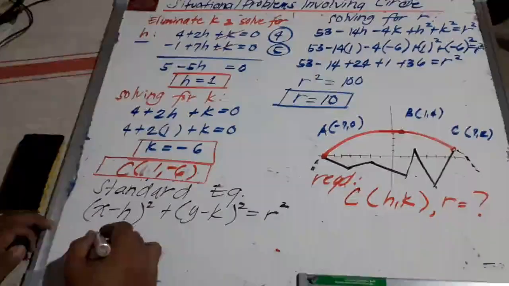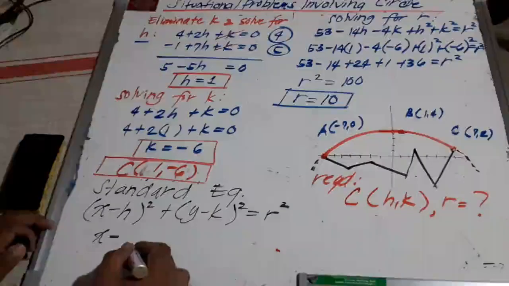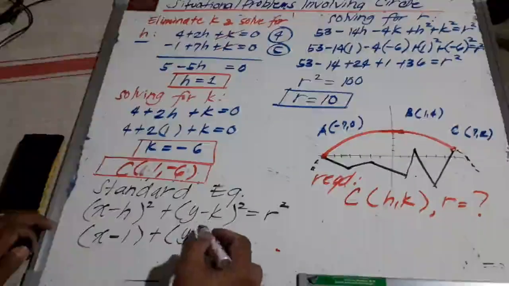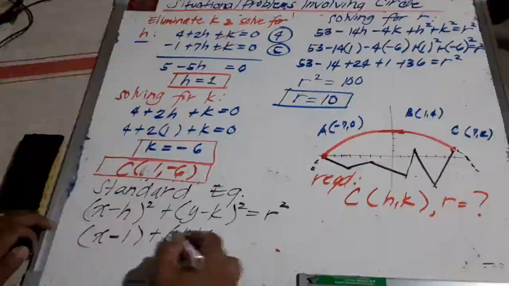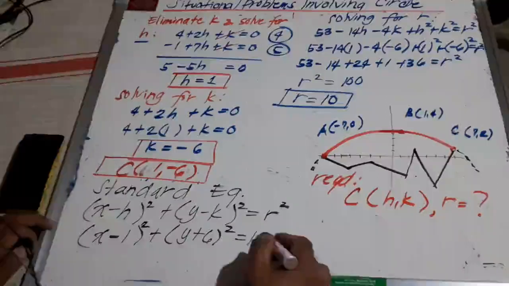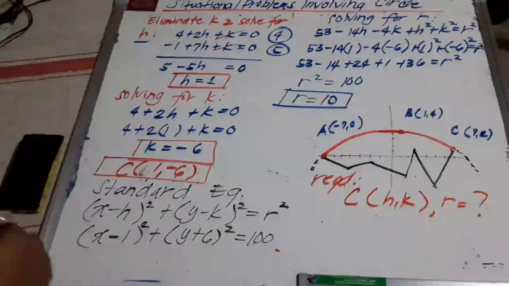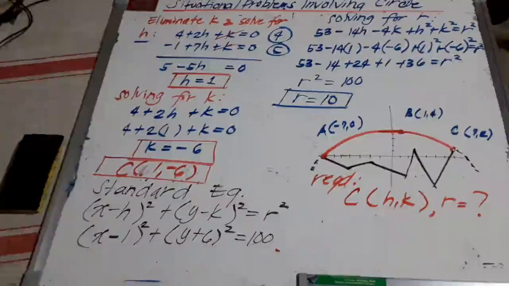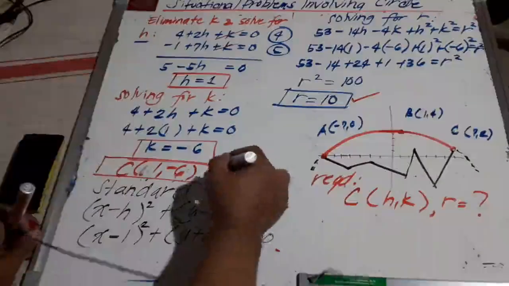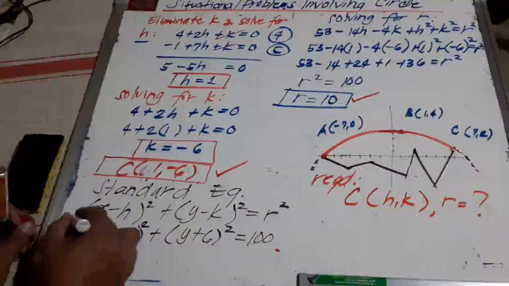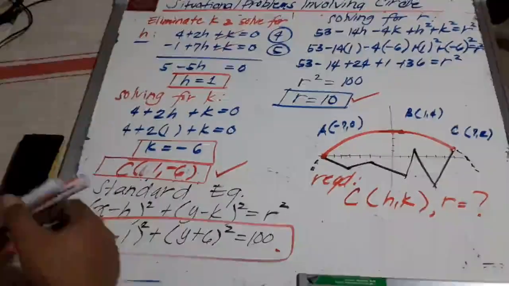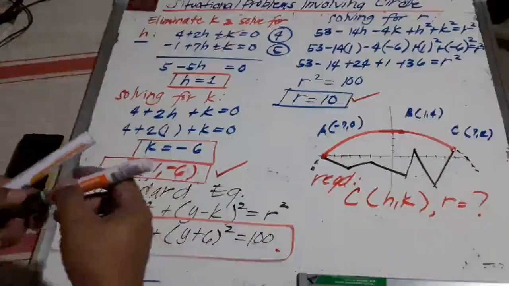Substitute natin yung h and k. We have (x minus 1) squared plus (y minus negative 6), so that will become (y plus 6) squared equals r squared, which is 100. So this is the answer to the problem. We have the radius, we have the center, and we have the standard equation of this circle para dun sa ating plate.